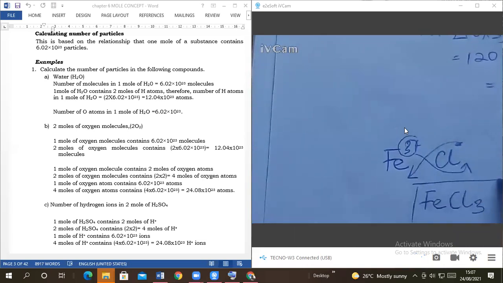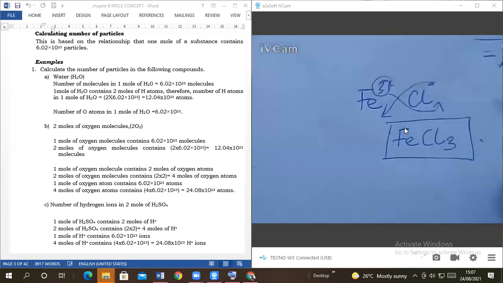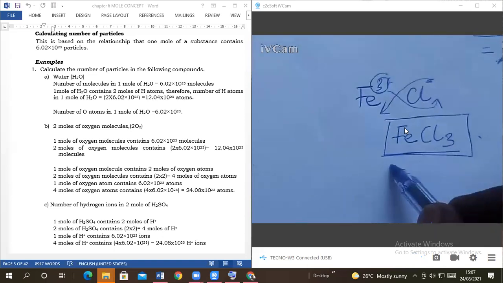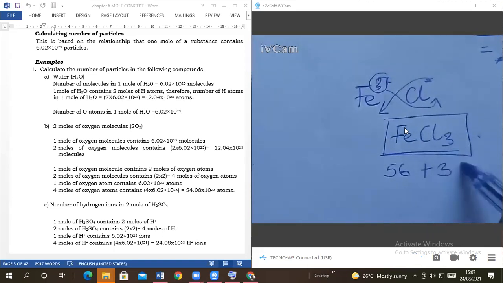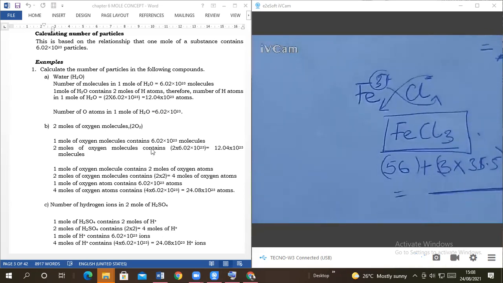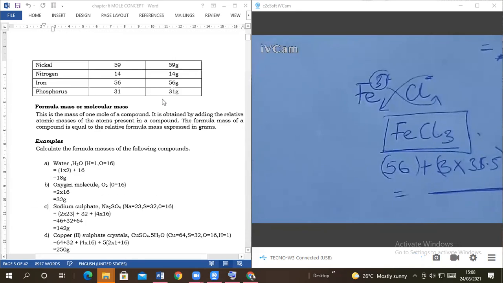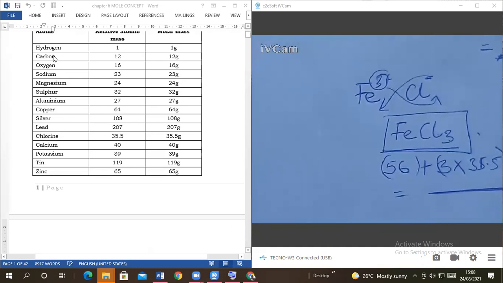So if you are calculating relative molecular mass of this substance, it is going to be 56 for iron plus the 3 times chlorine, which is 35.5. All these are there in the table. If you look at our table here, chlorine is somewhere.